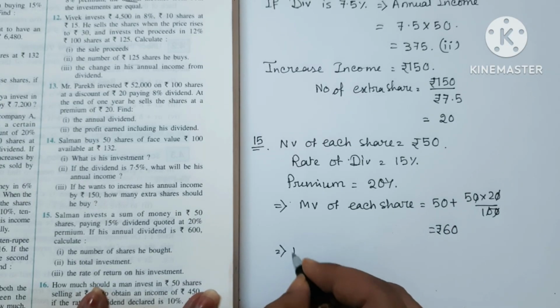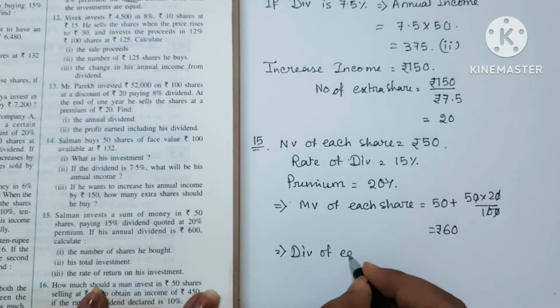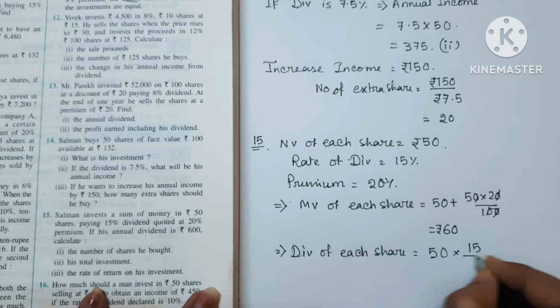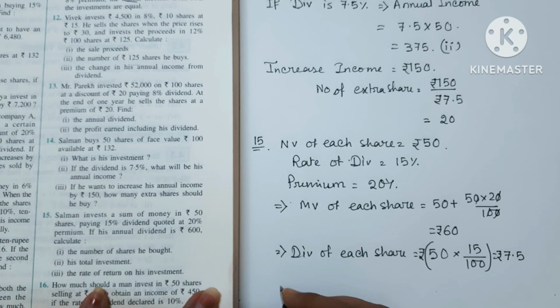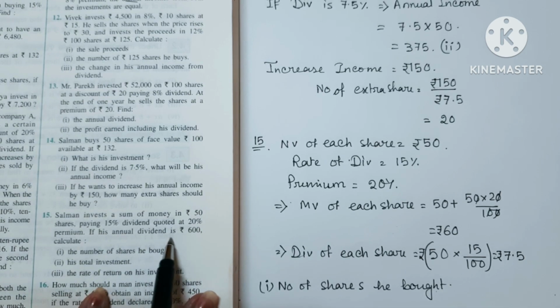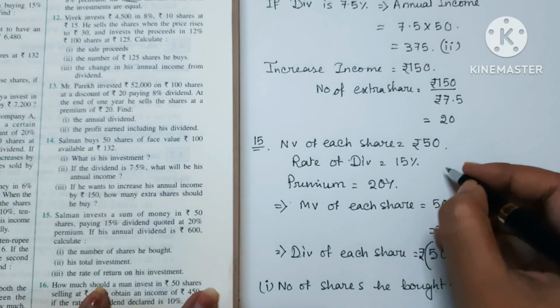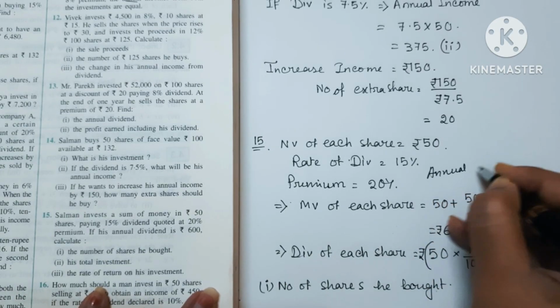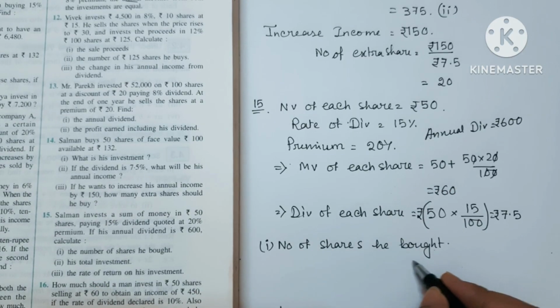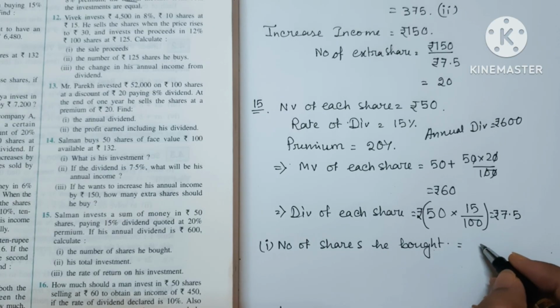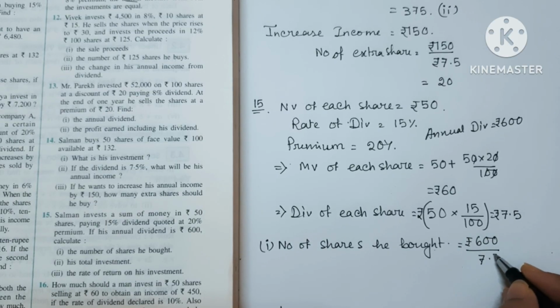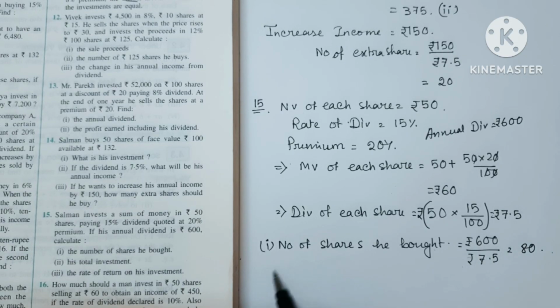Now dividend of each share, it is 50 into 15 by 100, so 7.5. So number of shares, see, if his annual dividend is this one, that is given, so you can write annual dividend. So number of shares he bought, that will be rupees 600 by 7.5, so it will become 80. So answer of this question is 80.